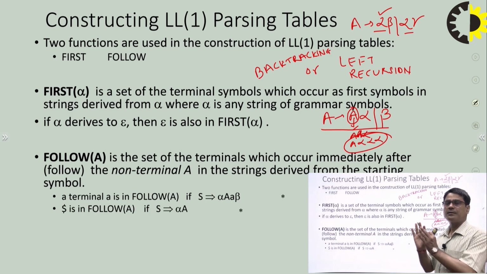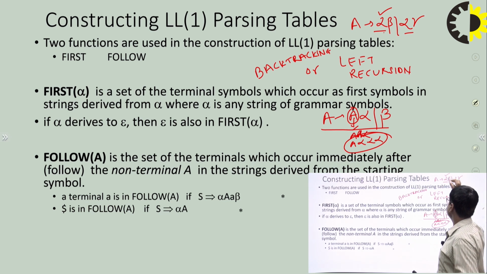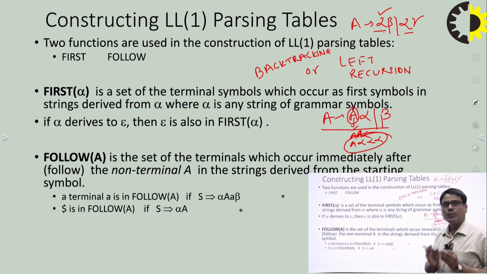It is a confusing question. Either you move with alpha beta or alpha gamma, but at that time the system is not able to decide which production to move forward with. So that is the problem with the top-down parser, that is backtracking.